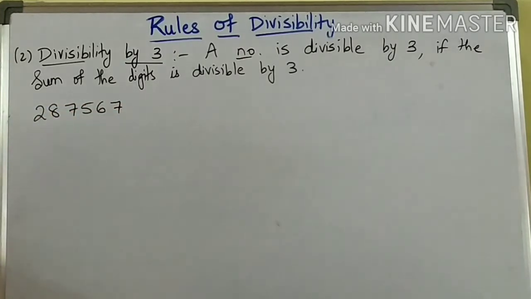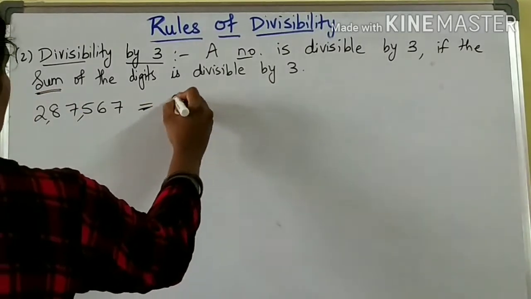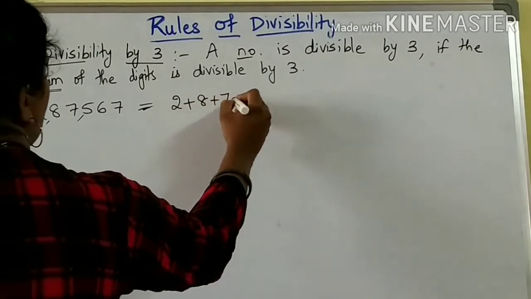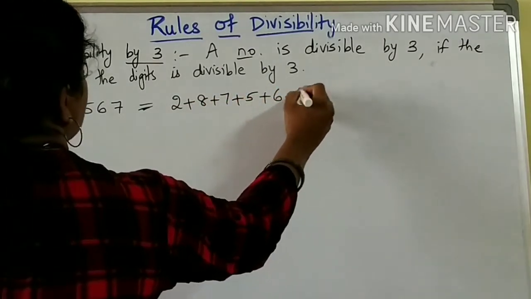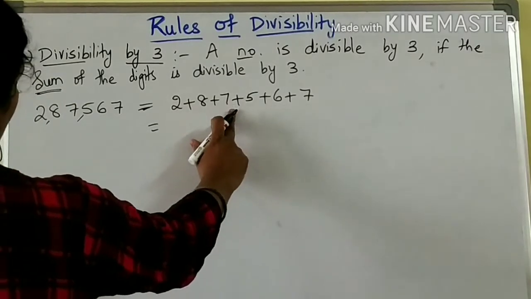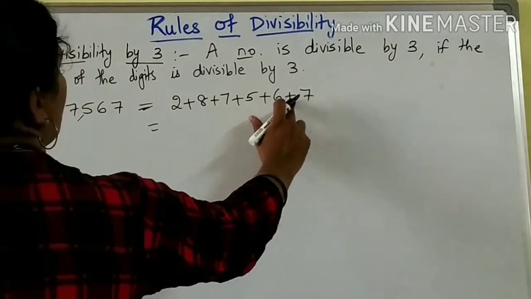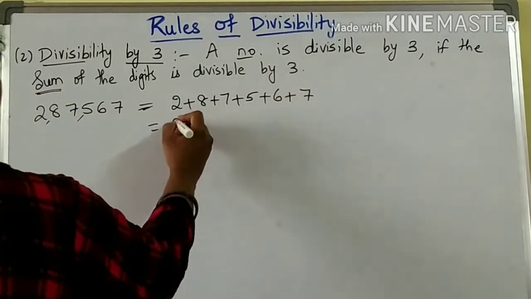For example, this is a very big number, right? 2,87,567. How to check whether this number is divisible by 3 or not without doing actual division? We just have to add these digits. So the sum of the digits: 2 plus 8 plus 7 plus 5 plus 6 plus 7. 2 plus 8 is 10. 10 plus 7 is 17. 17 plus 5 is 22. 22 plus 6 is 28. 28 plus 7 is 35.